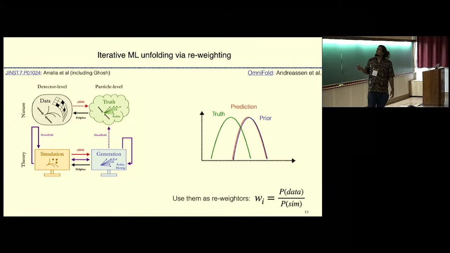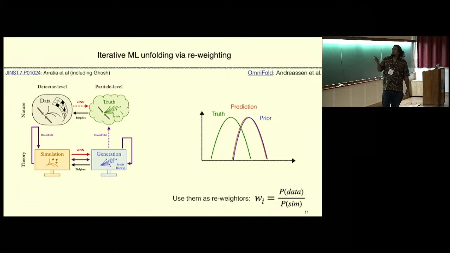But the point is, let's say this blue is your prior, right? So this blue comes from your biased simulation. And the green is the truth, which in reality you don't have access to, but in our experiments, we're pretending we have access to this. And when you do a simple, naive unfolding, your prediction in red will coincide with the prior, so your bias, right?